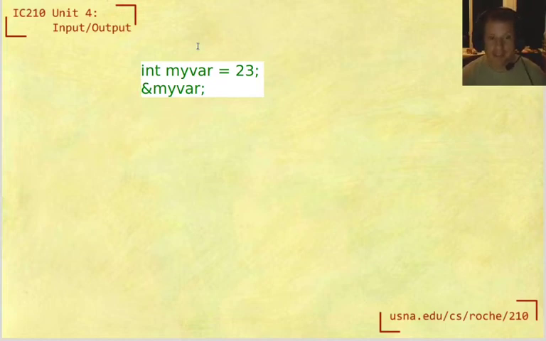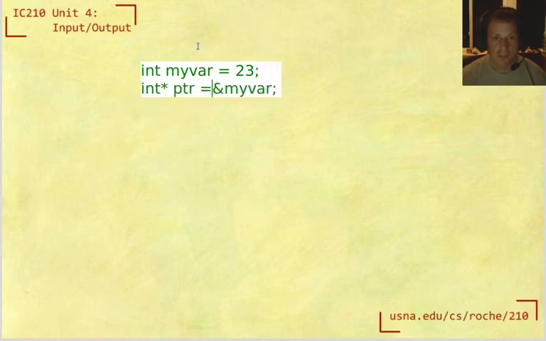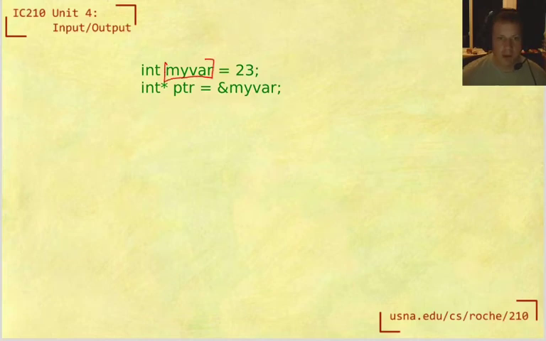But we can actually assign this to another variable, and the type of that variable is going to be int star. So what's happening here is that we actually have two variables going on. We have one which is myvar, and that's just an int like you are used to. But then we have this second variable here now called ptr. That's just a common name for a pointer variable.